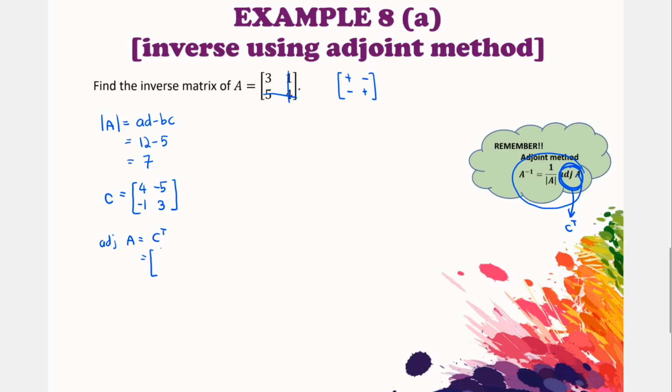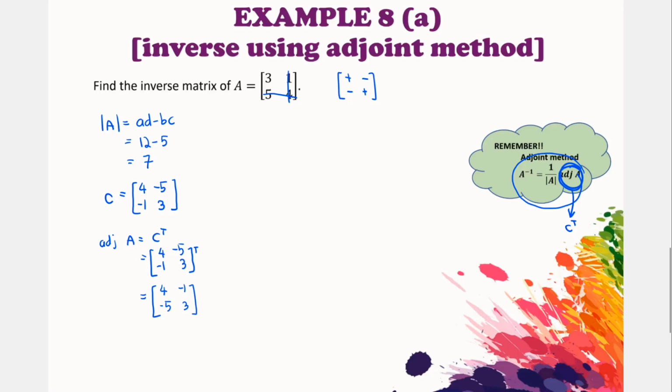Remember you need to write the capital T up here. We transpose it: the first row becomes the first column, and negative 5, negative 1, 3 will be the second column. So that is the value for the adjoint.